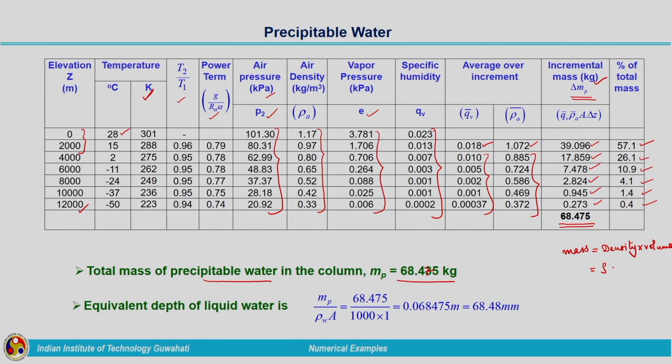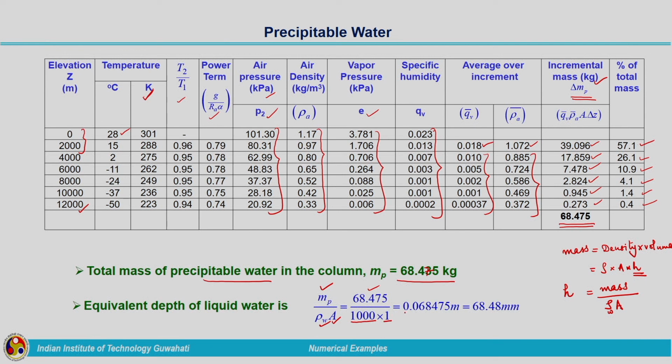So, rho into A into H. So, we need to get the depth of water, that is the value corresponding to H, which is nothing but mass divided by rho into A. Rho here in this case is rho W, the density of water, that is what is written over here: mass of precipitable water divided by rho W A. So, mass of precipitable water is 68.475 we have calculated, and rho W we are taking as 1000 kilogram per meter cube, and area is 1 meter square.